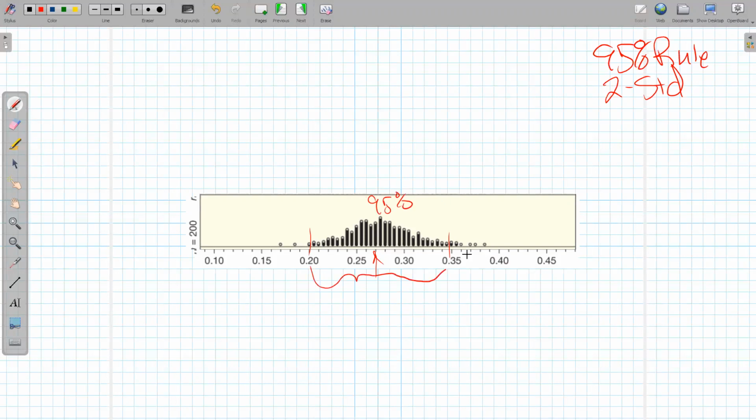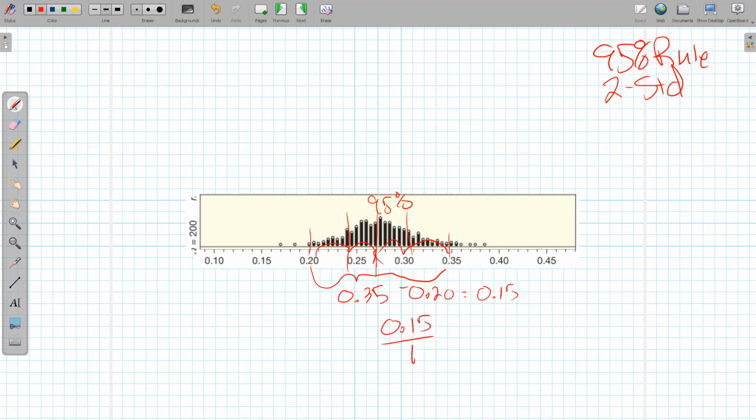So then the width of that would be 35% minus 20%, which would be about 15%. And then the 2 standard deviation rule, that 95% means we jumped 1, 2 standard deviations to that side, 1, 2 standard deviations to that side. So we just split this into 4 chunks. My explanation is a little bit different than the book one, but I like pictures better.